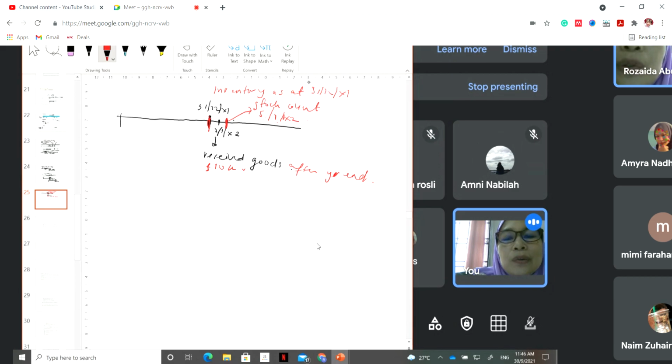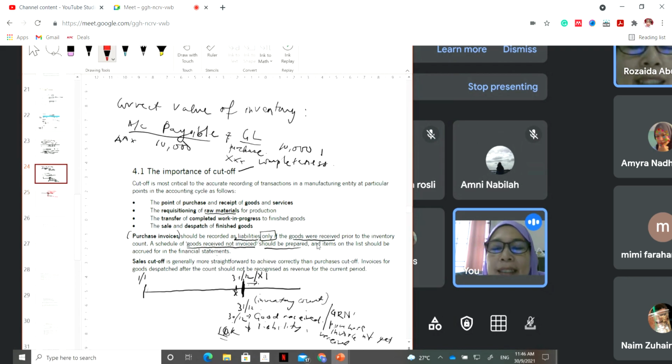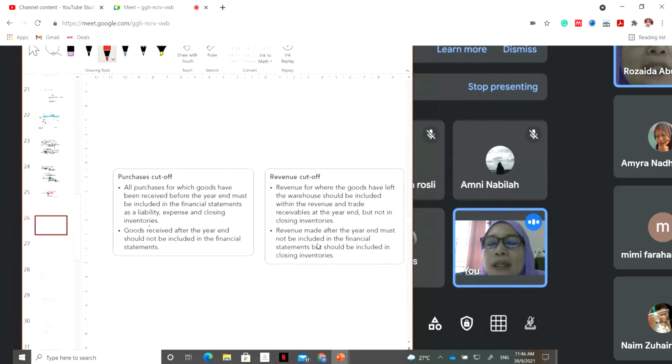So if goods are received on 2nd of January X2, of course it should not be included. So that's why it says here, on invoices, goods received after year end should not be included in the financial statements.